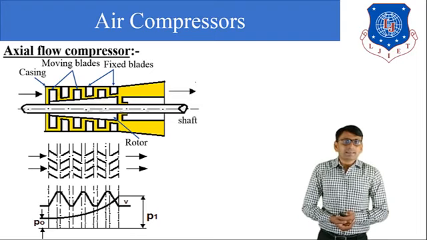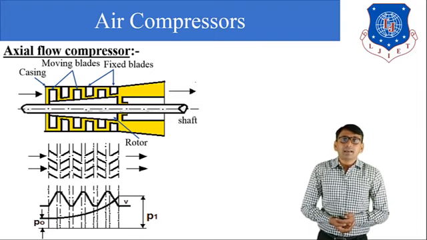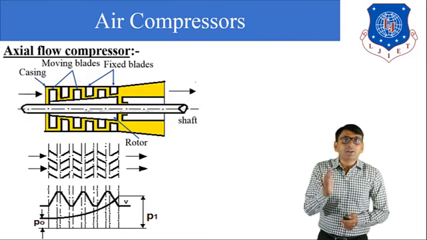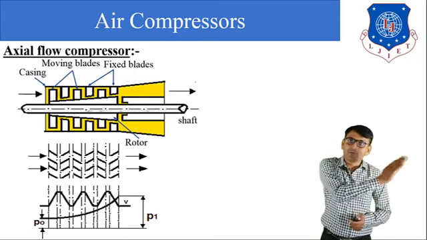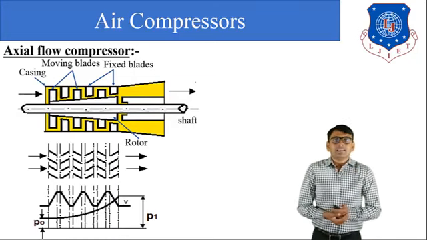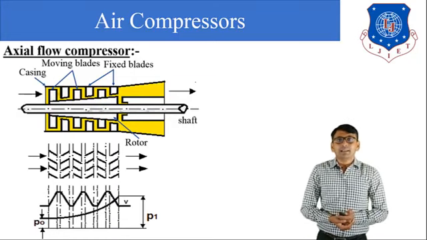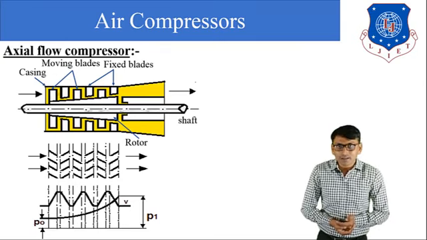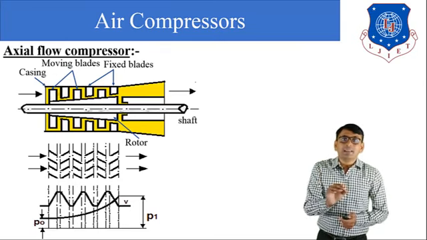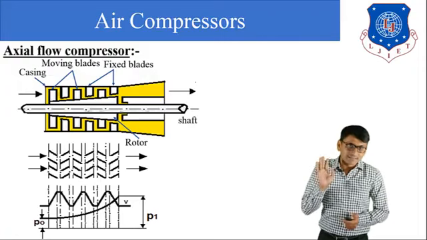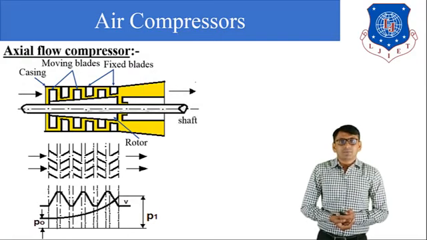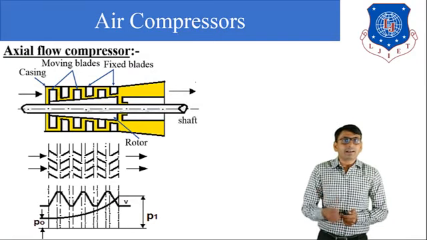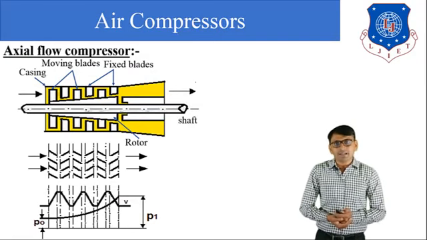Now these moving blades and fixed blades are placed alternately: fixed blade, moving blade, fixed, moving, fixed. The moving blades are attached to the rotor and the fixed blades are attached to the casing. Now this shaft is connected with some external rotating device.